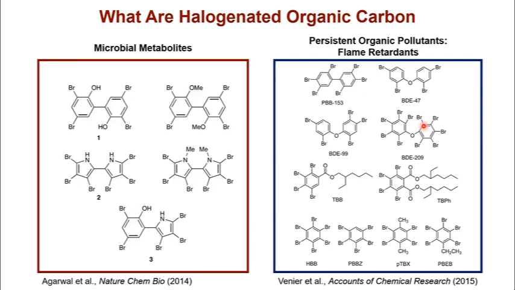And then later, in the natural product world, scientists started to find that there are classes of naturally produced HOC that, if you compare the structure, look quite similar, except that this type of organic molecule having halogens on them is naturally produced.